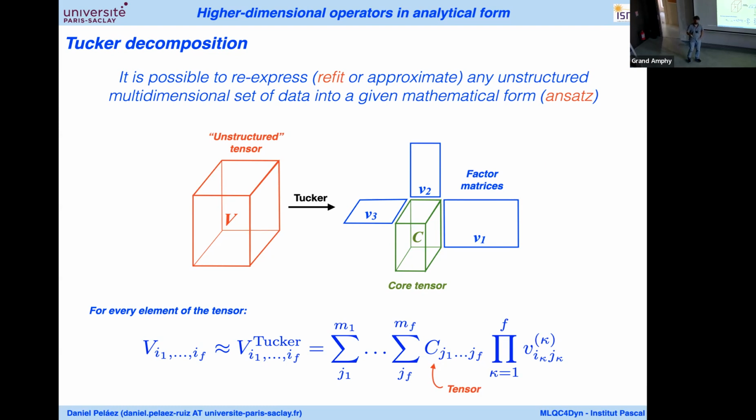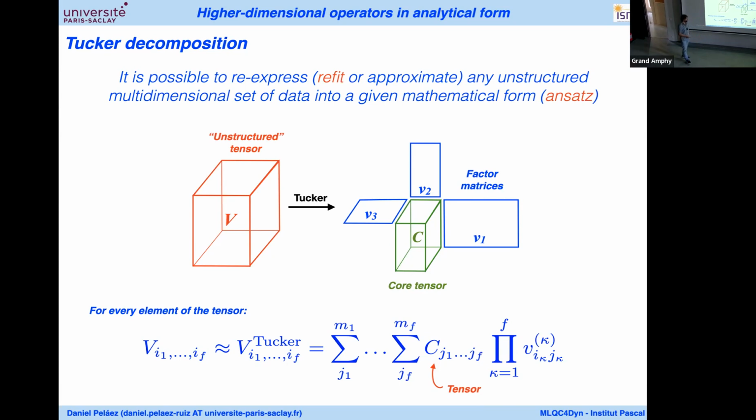The traditional one, the Tucker method, will lead to something like this. This tensor will be expressed in another tensor of the same number of dimensions, which we call core tensor, but it's smaller. So you are saving data. And then you've got what we call factor matrices, which actually are the discrete form of the basis sets, if you want.